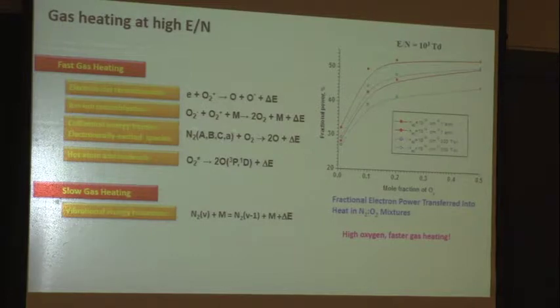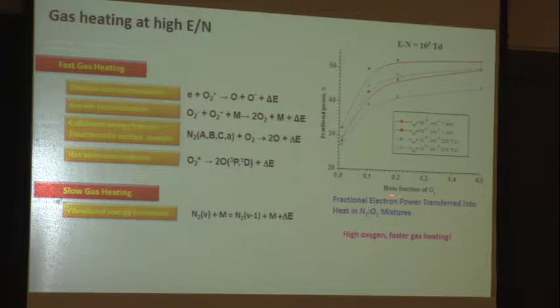So this is a figure showing the fraction of power as a function of the mole fraction of oxygen at different pressures. As you increase the oxygen, the fraction of electron power transferred to heat is increasing. That means if we want to increase the fast heating, you put more oxygen into the mixture to control it.